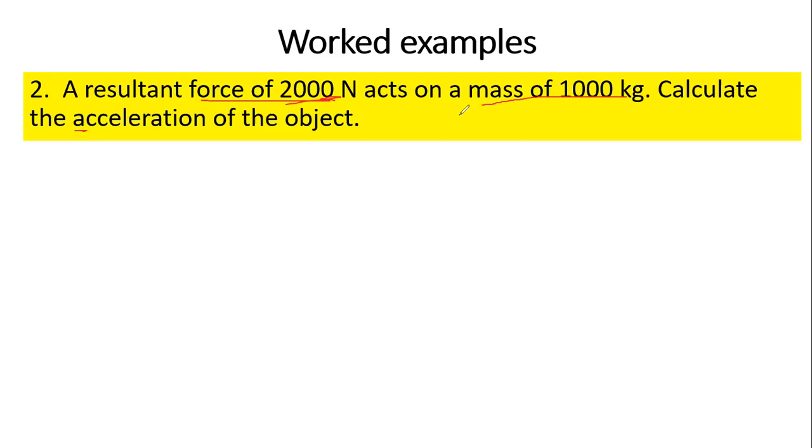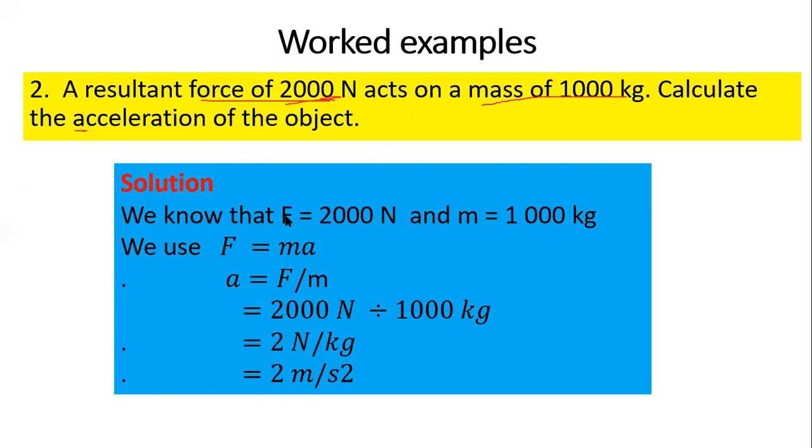Thank you very much. I believe you have finished and you got the solution. So let's compare your solution with my solution now. Here we know that F is 2000 newtons and m is 1000 kilograms. If we use the equation F equals ma, we can rearrange it using the triangle shape, or you can just make a the subject of the formula. We get a equals F over m, which is 2000 newtons divided by 1000 kg, so 2000 newtons per kg.